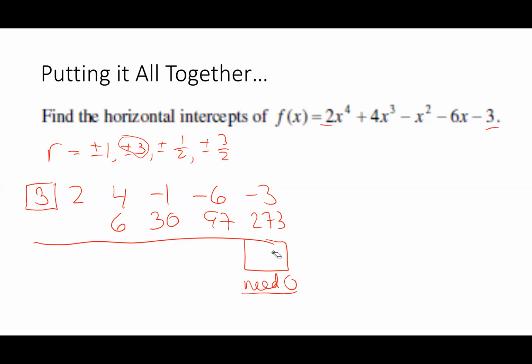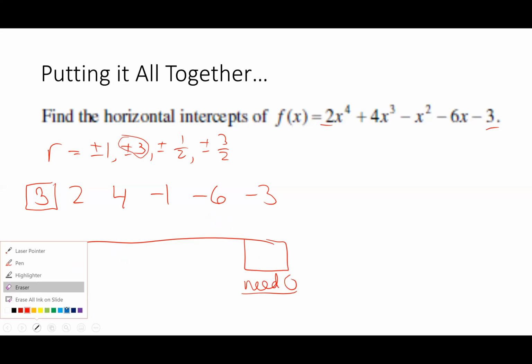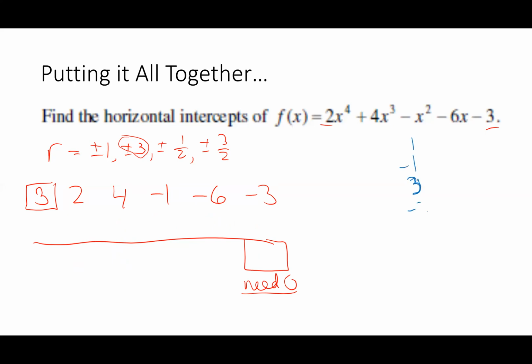So, okay, we tried 3, doesn't work. If I think of this as listing out all of my possibilities, I've got 1, -1, 3, -3, 1/2, -1/2, 3/2, and -3/2. I know that 3 is not going to work.